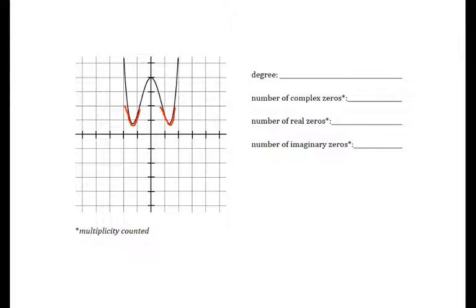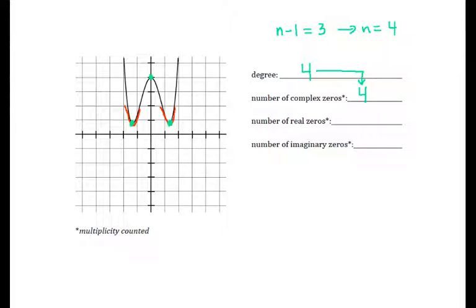This looks like a degree 4 polynomial, which I can tell from the fact that I have 1, 2, 3 turning points. So remember, the number of turning points is generally 1 less than the degree, which tells us that the degree in this case would be 4. And the number of complex zeros is the same as the degree, because that's what the fundamental theorem of algebra tells us.